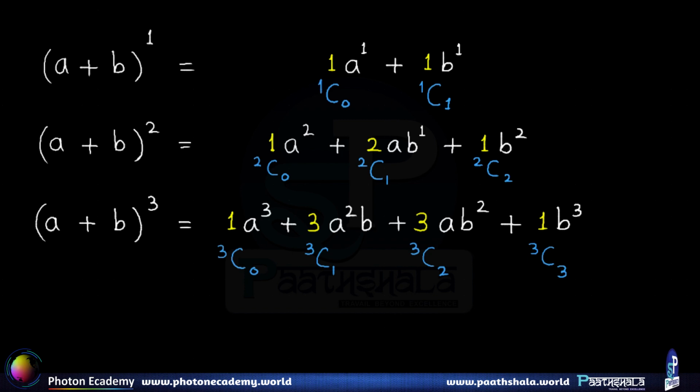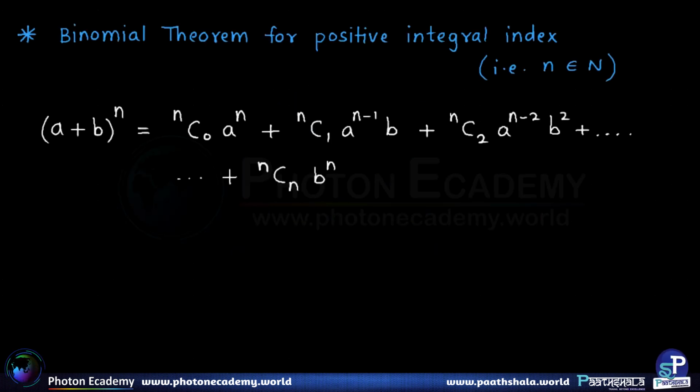So therefore, if we want to generalize and get an expression for (A plus B) whole raised to n, where n is a natural number, clearly we can get a pattern, and that is what is given on the next slide, the statement of the binomial theorem. For a positive integral index, that is when n is a natural number, we have (A plus B) whole raised to n given by: we start off with nC0 and the highest power of A, that is A raised to n.